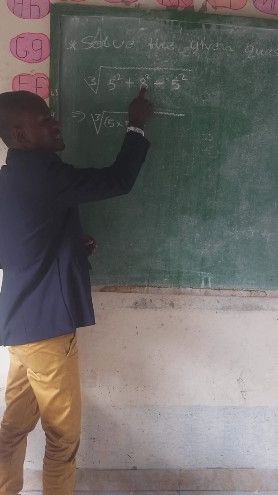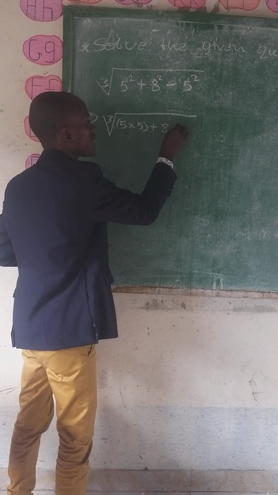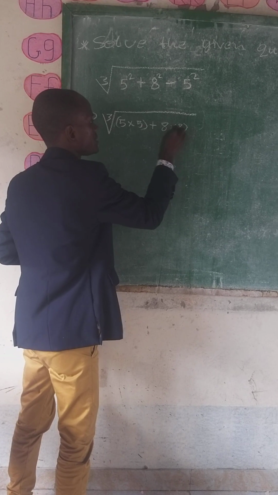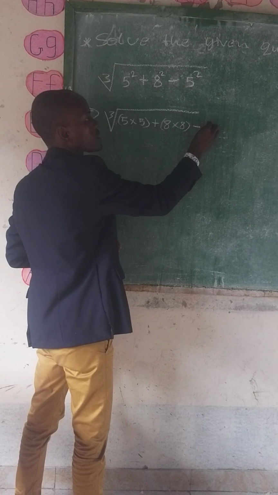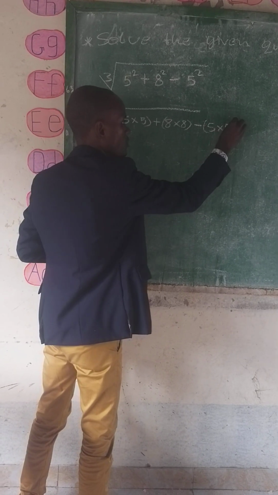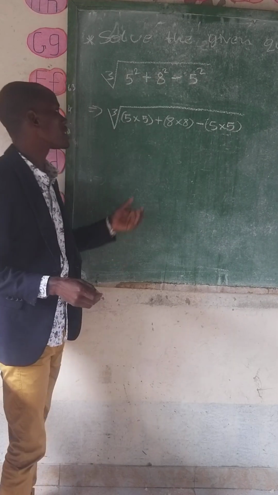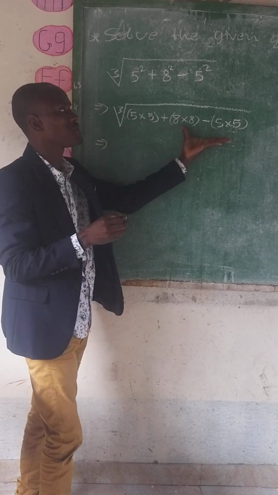Plus, this is 8 to the power of 2, which is 8 times 8. Minus, this is 5 to the power 2, which means 5 times what? 5. Good class.